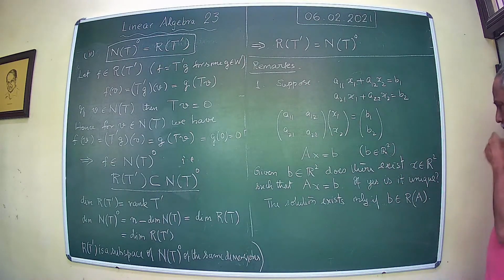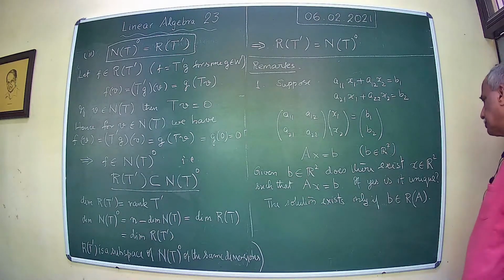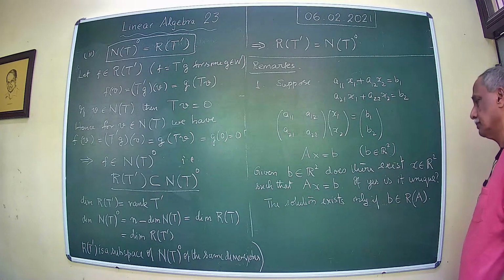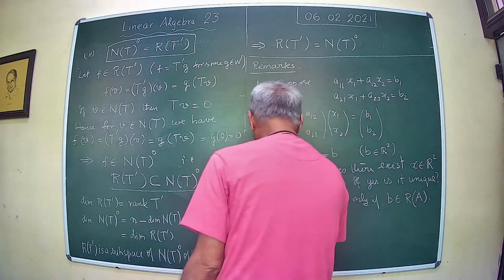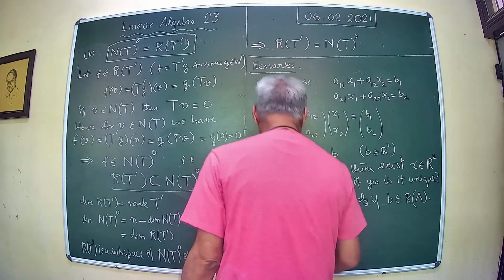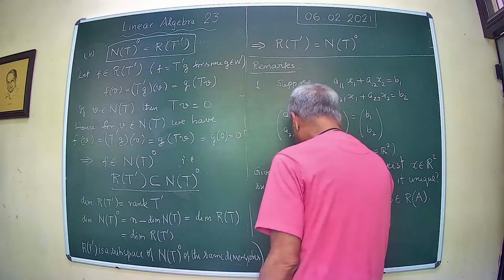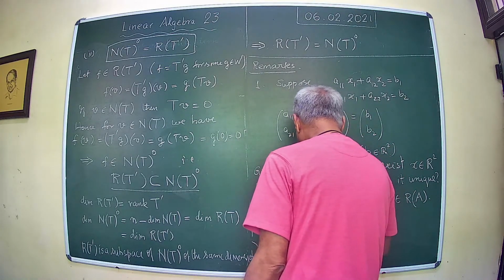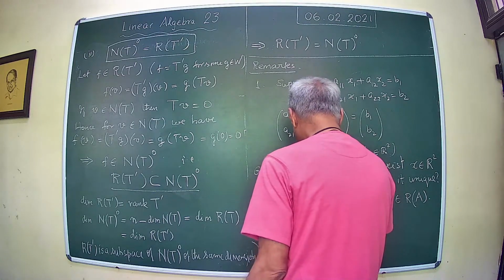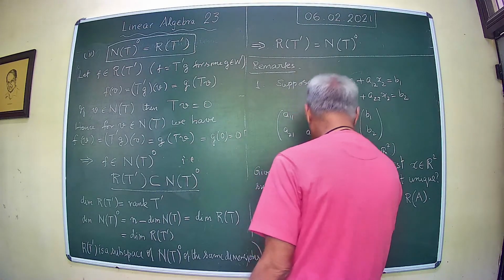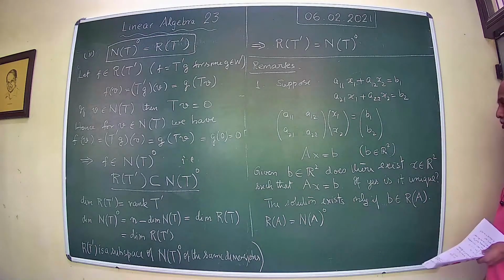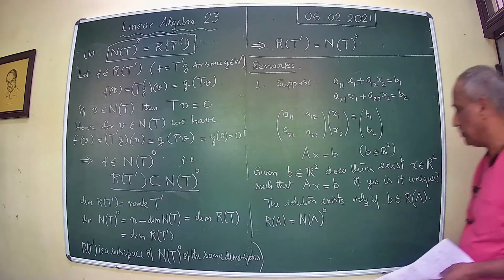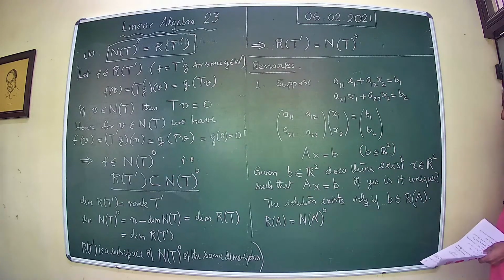The range of A, okay. But we know that the range of A annihilated is equal to the null space of A prime, A transpose. That's what you have.